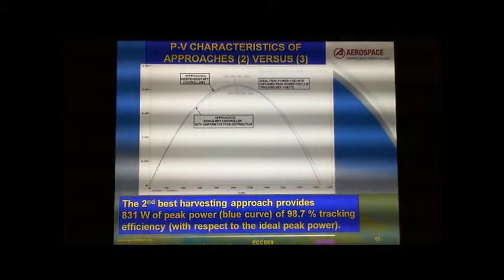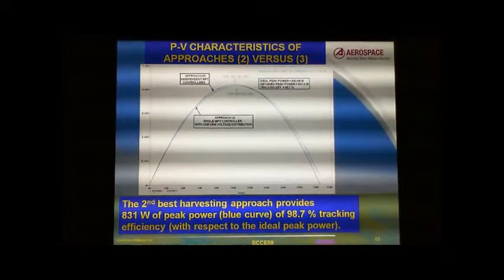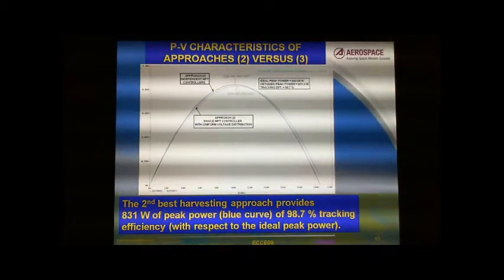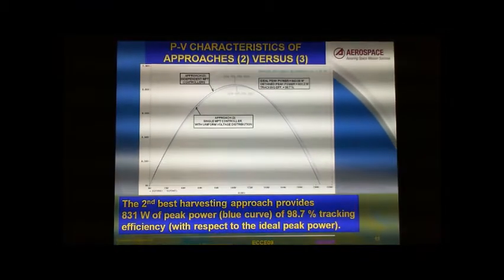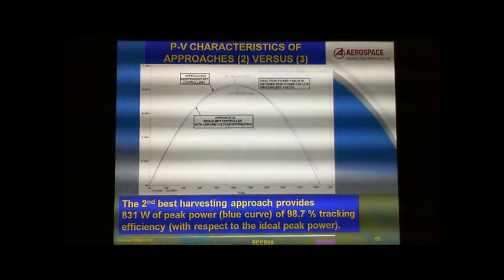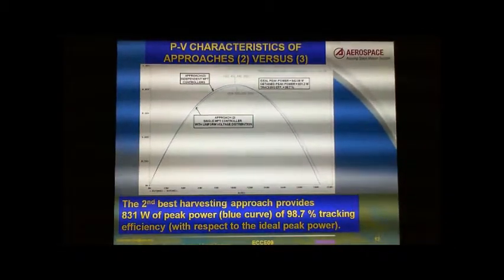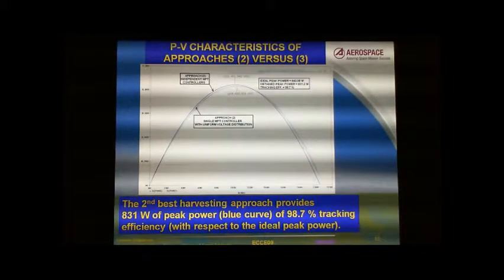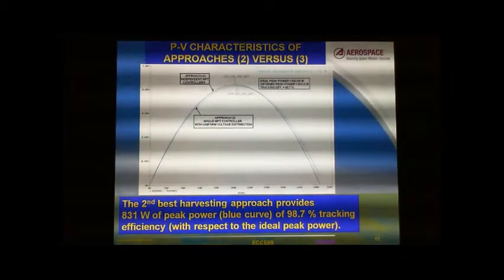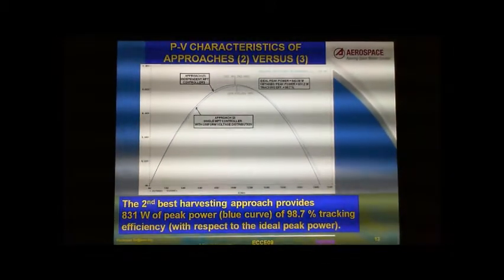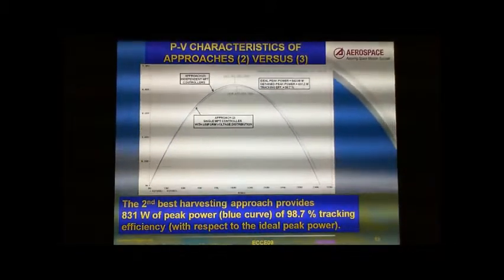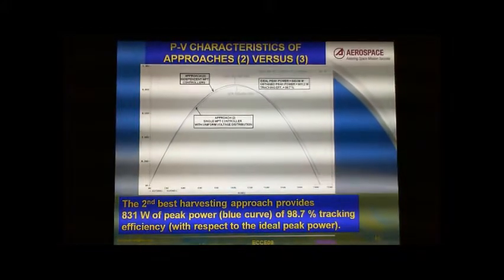This slide shows the power versus voltage characteristics of this particular approach that becomes the main focus of this presentation, which is called uniform voltage distribution. This particular approach delivers the peak power of 831 watts, which is slightly below the ideal peak power achieved by the base approach, 842 watts, achieved from the independent maximum power tracking.